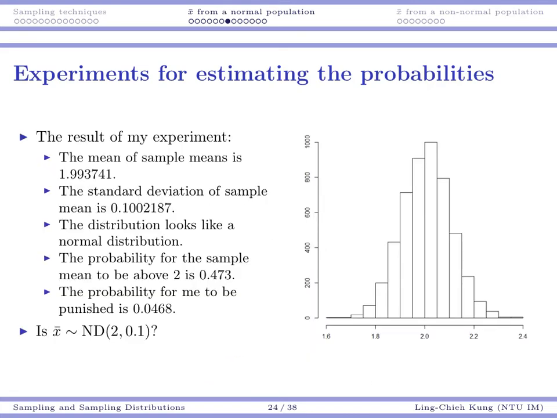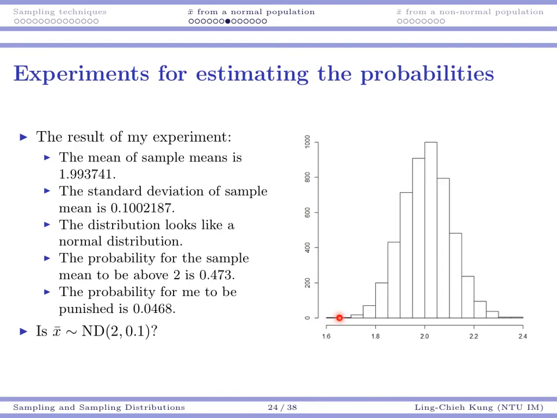And now the outcome is here. I ran that experiment once, and the mean of my sample mean is 1.99 and so on. The standard deviation is 0.100 and so on. The distribution is here, the outcome of the hist function.